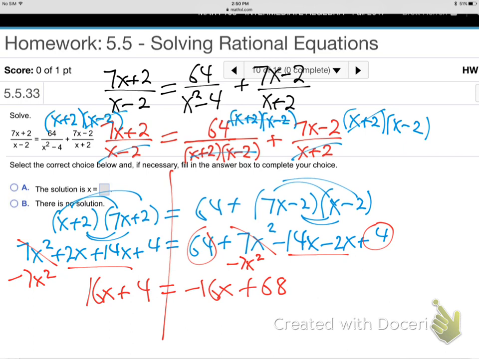You good? And then, these 16x's are not going to drop out because they're opposite signs. Right? They're staying. In fact, they're going to combine to be 32x.